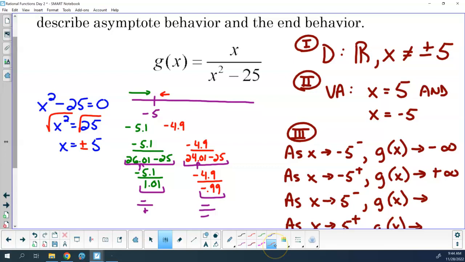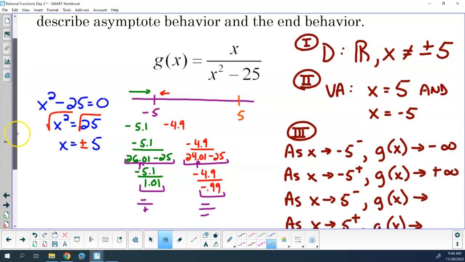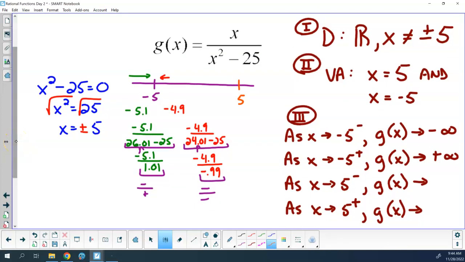Then I come over here now to positive 5, and I've got to do the exact same thing again. Now, I can use the exact same numbers, except they're going to change a little bit here. Now, first I'm going to use 4.9. So 4.9 divided by 24.01 minus 25, because it's squared, it's all going to be the same.